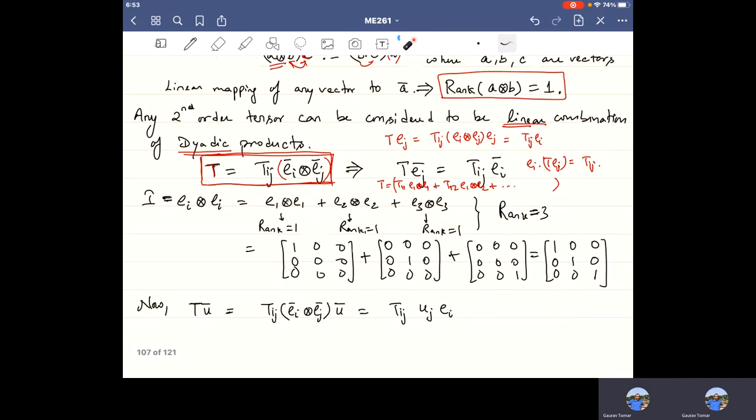So E1 tensor E1, if I write it in matrix form, has all zeros except for the first term. This one has only the second term non-zero, everything else is 0. In each case you have only one component which is 1, and the rest are 0. When you sum them up, you get your identity tensor.